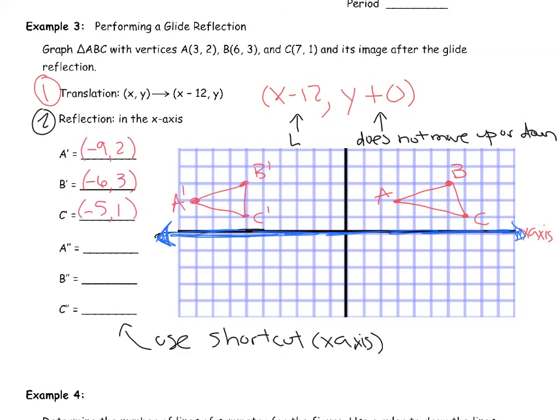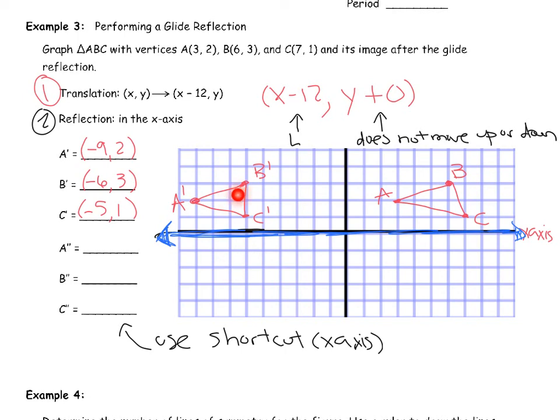When I make that translation and I move each point to the left 12 units, I end up with this new A prime, B prime, and C prime, which A prime is at negative 9, 2, B prime is at negative 6, 3, and C prime is at negative 5, 1. Now we're going to reflect across the x-axis. I went ahead and labeled the x-axis for you.